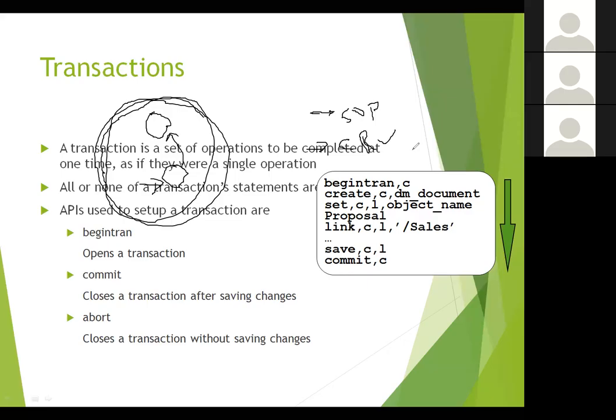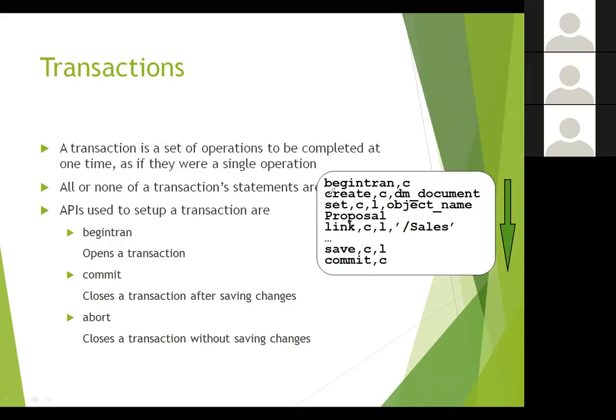If one operation in the chain is not performed, then it will not be executed fully, or it will be rolled back. So how do we implement this? There is one command, begin tran comma c, and at the end commit comma c.